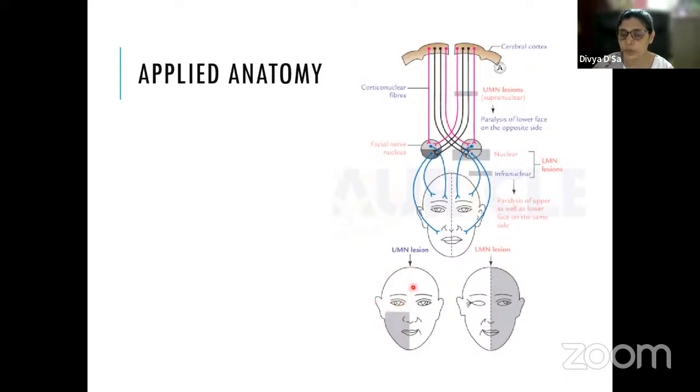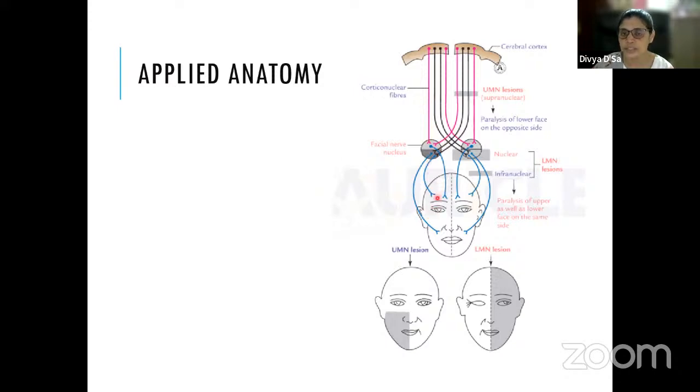Now, why is it so? It is so because the upper half of the face is usually supplied by the same side fibers as well. So it will have dual supply, that is from the opposite side fibers as well as the same side fibers.